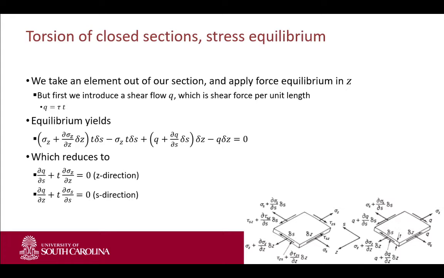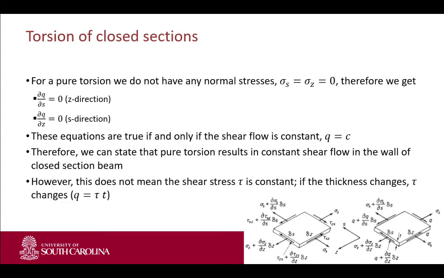So if we take our assumptions into account, we don't have any direct stresses, so sigma z is equal to 0. Therefore, the partial variation of sigma z with z is also equal to 0. So then we have left over the variation of q with respect to s is equal to 0 in the z direction, and the variation of q with respect to z in the s direction is equal to 0. So for this to be true, q cannot be a function of s, so therefore q must be a constant value, or at least not a function of s.